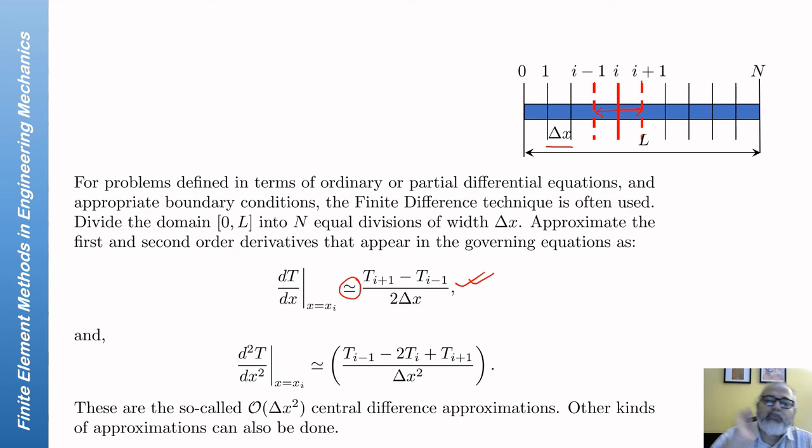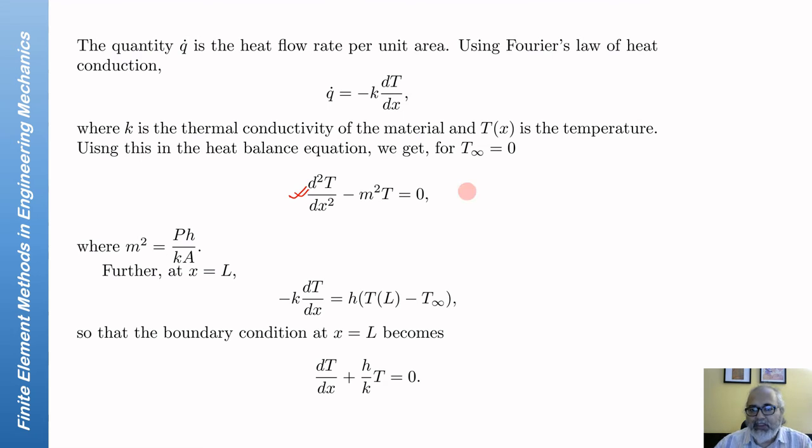So once we have converted these derivatives into discrete expressions in terms of the temperatures at the nodes, we can now write down the governing equation, which is valid all over the fin. This is the governing equation.